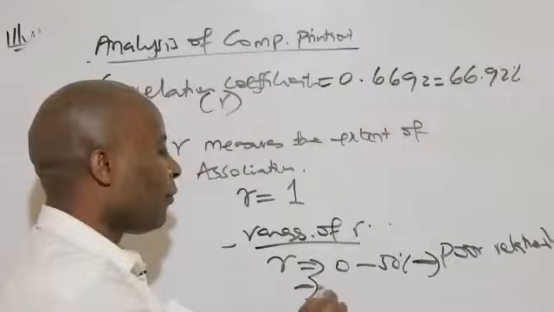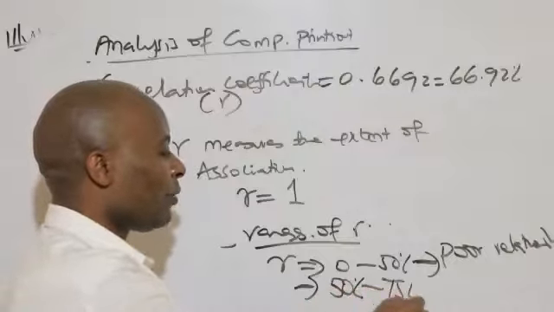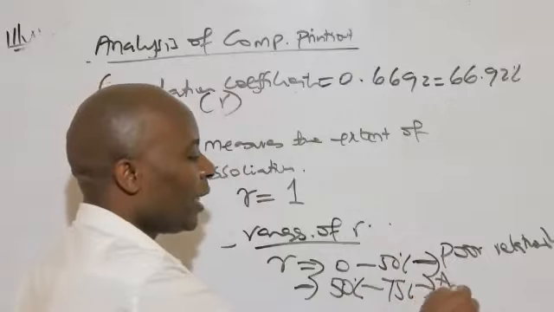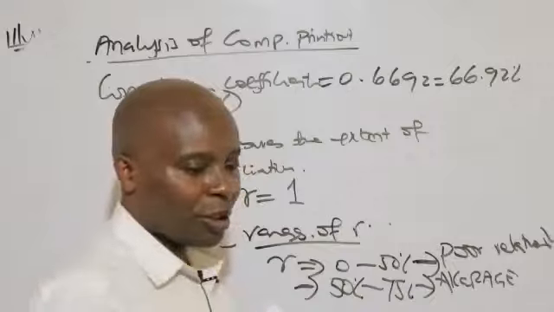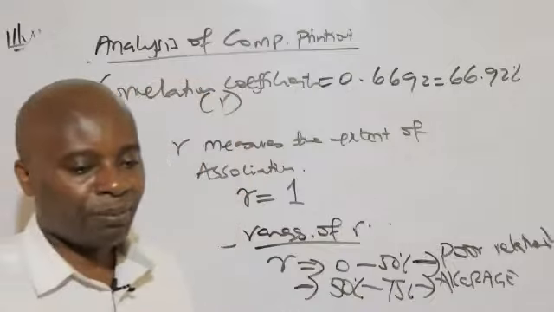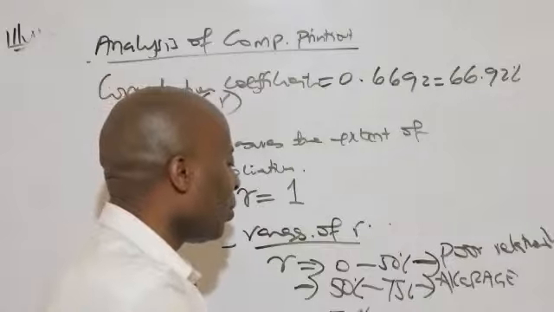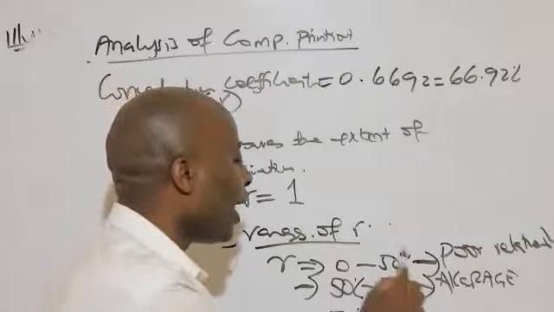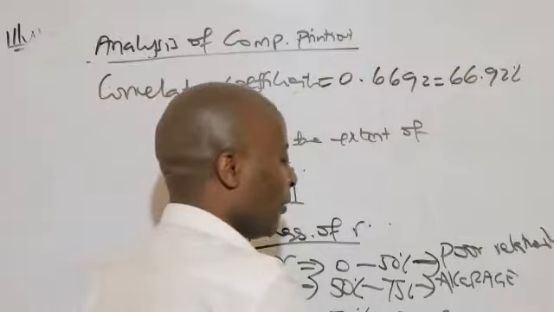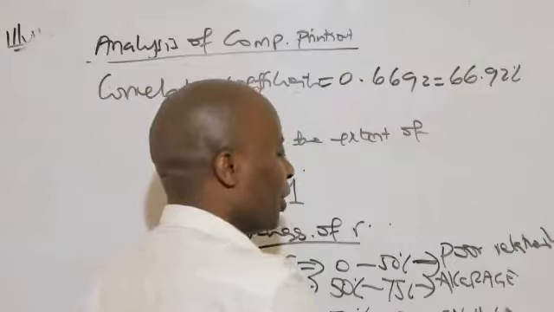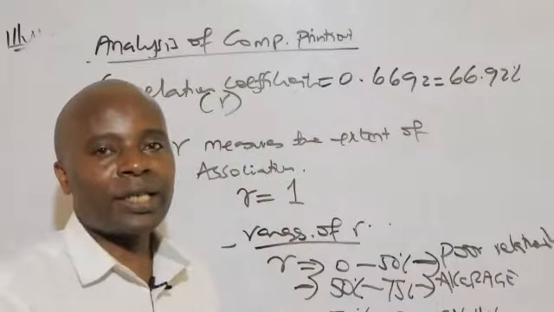Whenever our R falls between 50% all the way up to, but less than, 75%, this is basically an average relationship. And anything that is more than 75% all the way up to 100% indicates what here? Excellence. So this will be an excellent relationship.